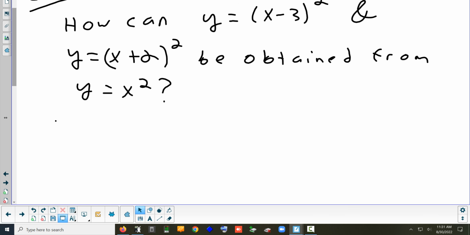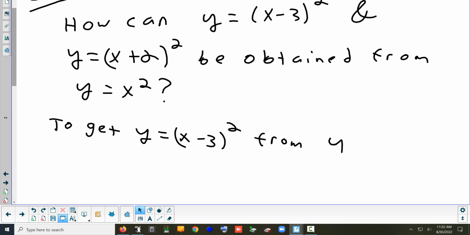So I'll do the first one. To get y equals (x minus 3) squared from y equals x squared, y equals x squared is called the parent function. It's the basic function you're starting with. So to get y equals (x minus 3) squared from the parent function, shift y equals x squared right 3.